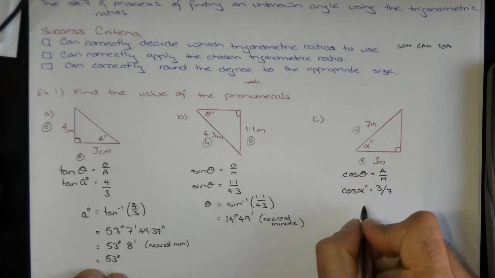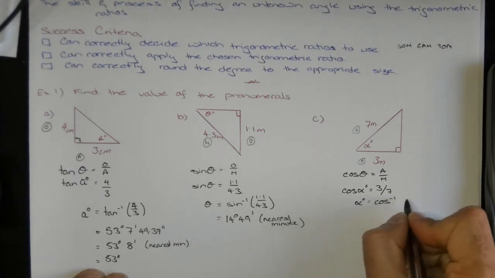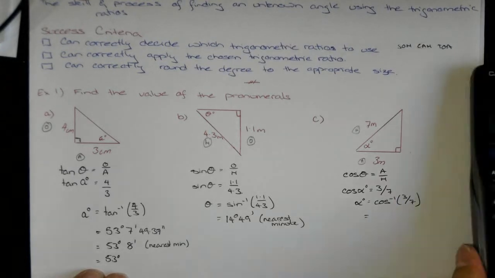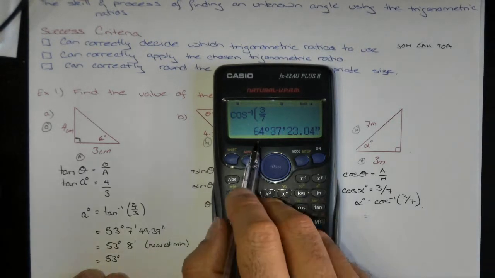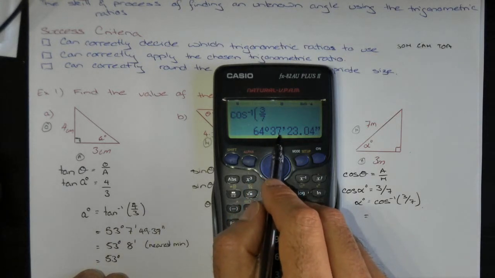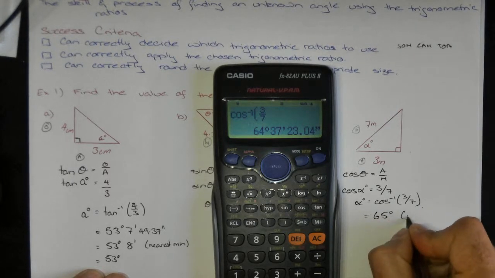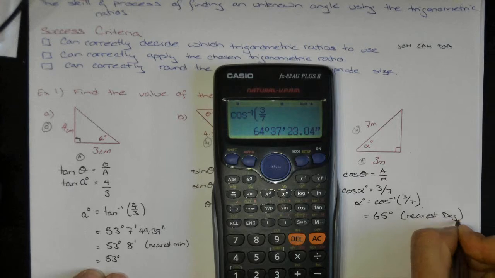So to find an angle, I must always do the inverse. So I always have to press the shift button on my calculator first. So shift cos 3 over 7, and then I must press my degrees, minutes. Let's do this to the nearest degree. So 37 minutes is bigger than 30, so I round up to 65 degrees, nearest degree.